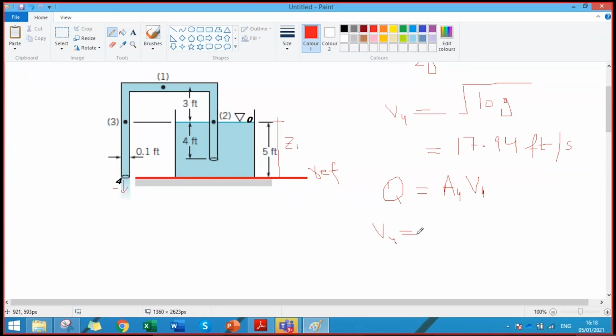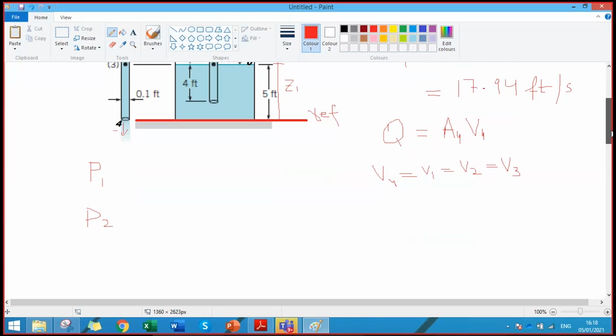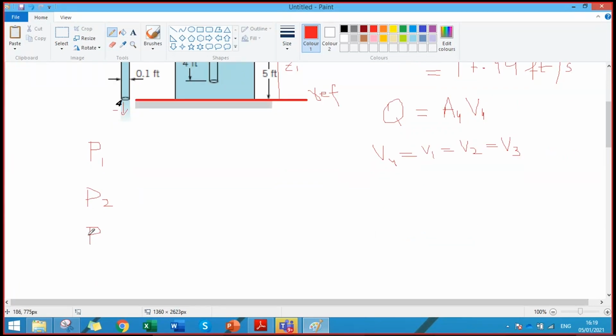Now the pressure P1, the pressure P2 and the pressure P3. So what will be P1?